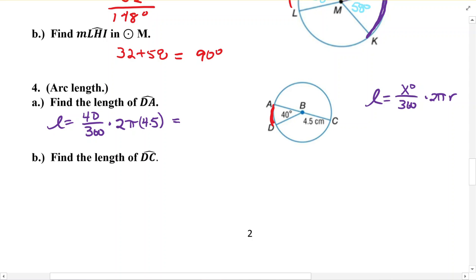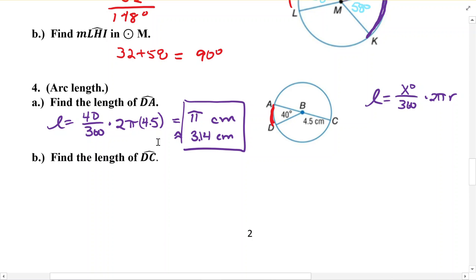Multiplying 40 times 2 times 4.5 and dividing by 360, I get the exact answer, which is pi centimeters, and the approximate answer would be 3.14 centimeters. To get the pi, all I did was take pi out of the equation and just multiply straight across. I did 40 times 2 times 4.5, which is 360, and 360 over 360 is 1.